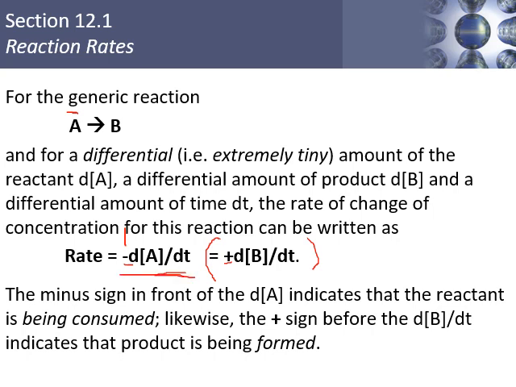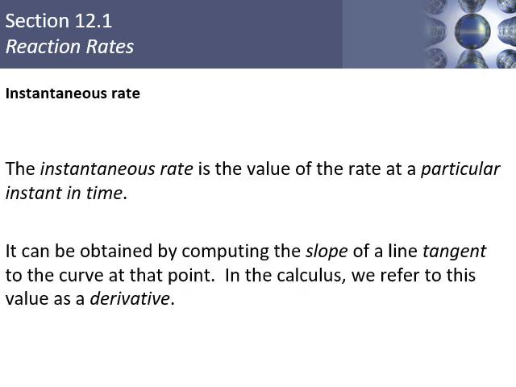We usually just write it in terms of A, not in terms of B. These are going to be the same anyway if this is a 1 and a 1 here, at least initially. So we usually just pick this one and use this one. So we can write this one way as just minus the change in the concentration of A with time. Okay, let's go to the next slide.